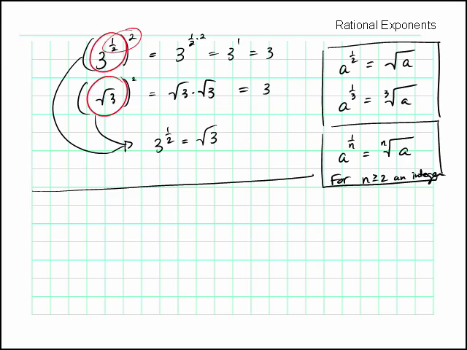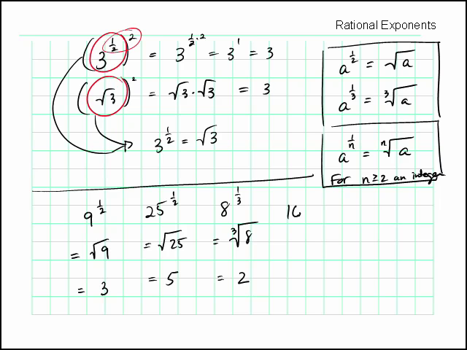For instance, 9 to the 1/2 power means the square root of 9, and that is equal to 3. 25 to the 1/2 power is the square root of 25, which is 5. 8 to the 1/3 power, according to our property we have up there, is the cube root of 8, and the cube root of 8 is 2. 16 to the 1/4 power, that means the 4th root of 16, and that also is a 2.